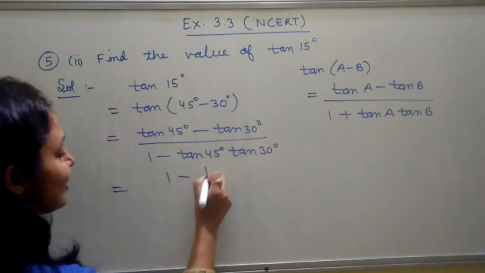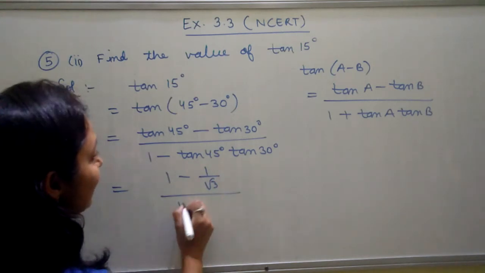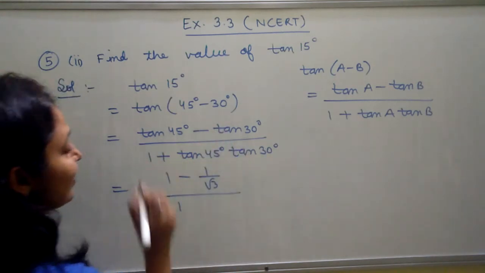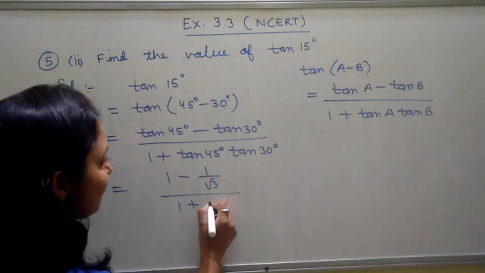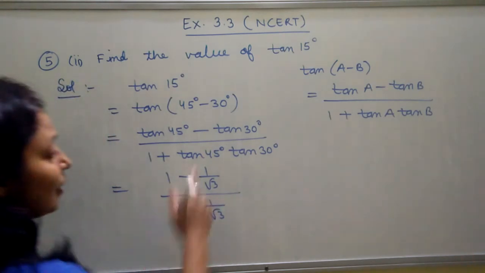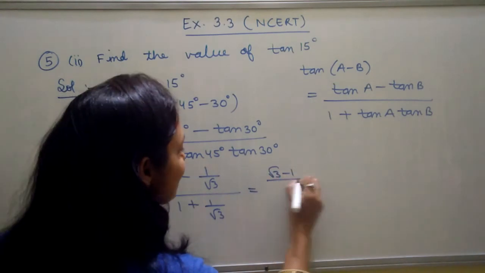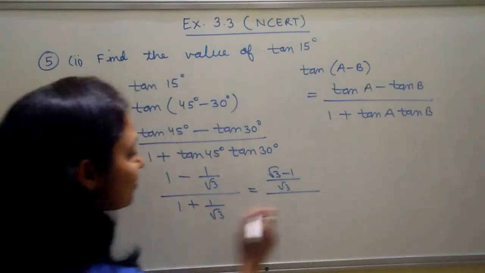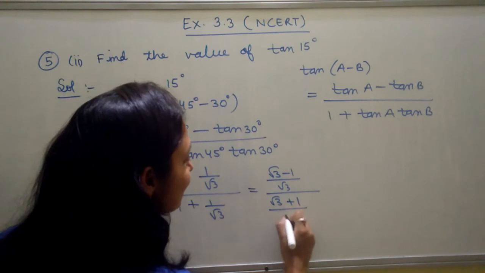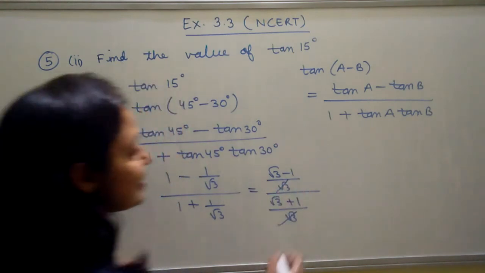It will equal 1 minus 1 by root 3, and in the denominator there is a positive sign, 1 plus 1 into 1 upon root 3. Take the LCM: root 3 minus 1 upon root 3, divided by root 3 plus 1 upon root 3. So root 3 and root 3 will cancel.